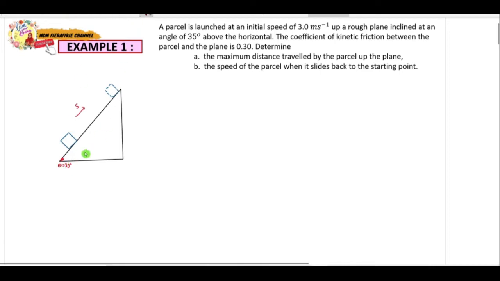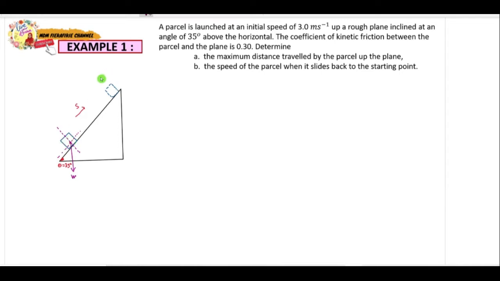so we need to draw the free body diagram first. So we're going to have weight straightly downward. Okay, so this is y component and this is x component. Okay, so since this is a rough surface, so we're going to have frictional force which is opposite direction with the motion.